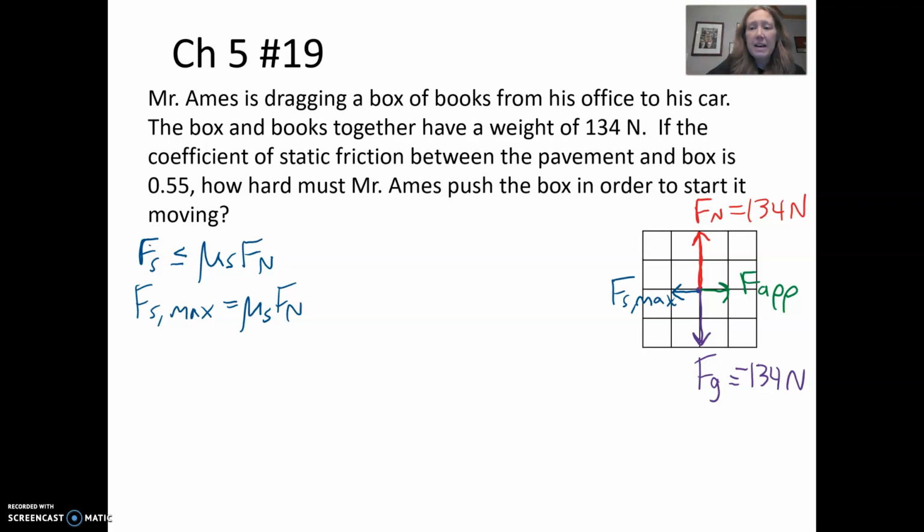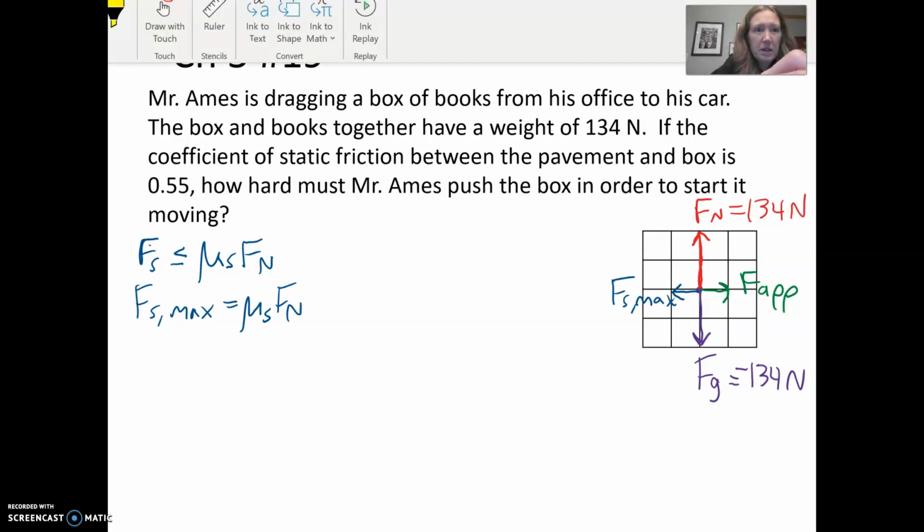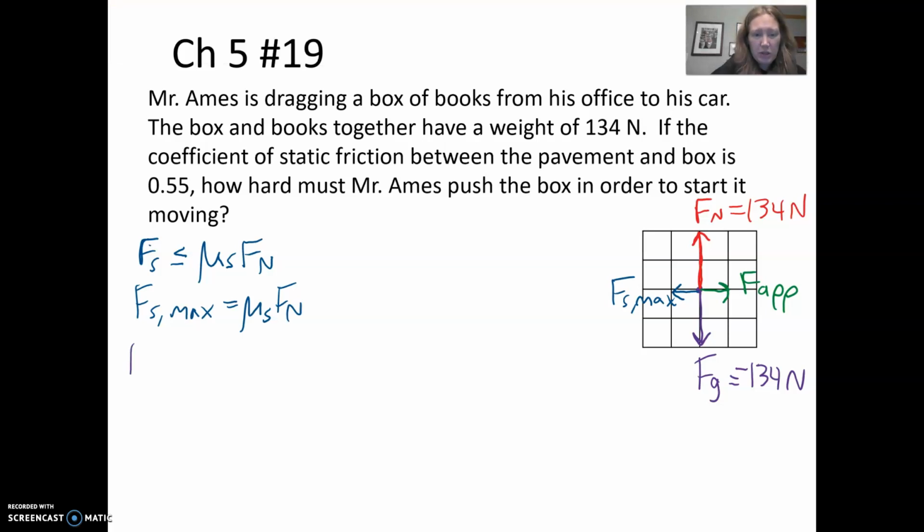And then I can just calculate this because I have the coefficient of friction. So I can go Fs max is equal to 0.55 times the positive 134.